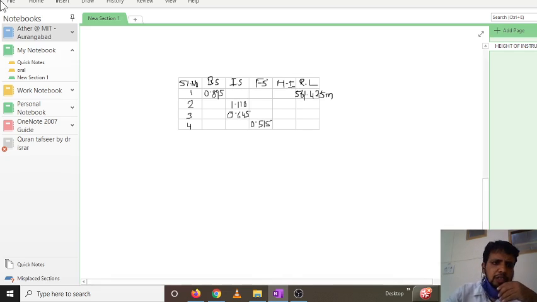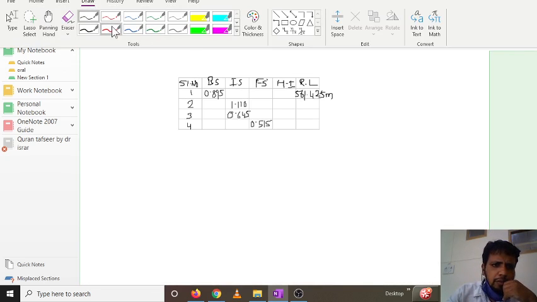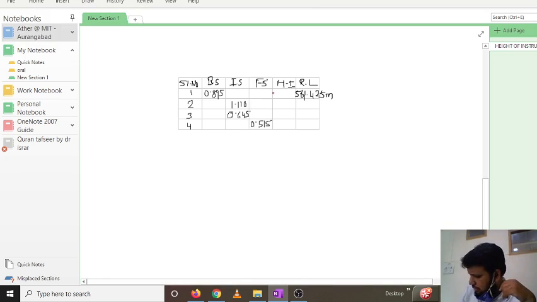So the HI that we have calculated is backsight plus RL, that is 562.32.